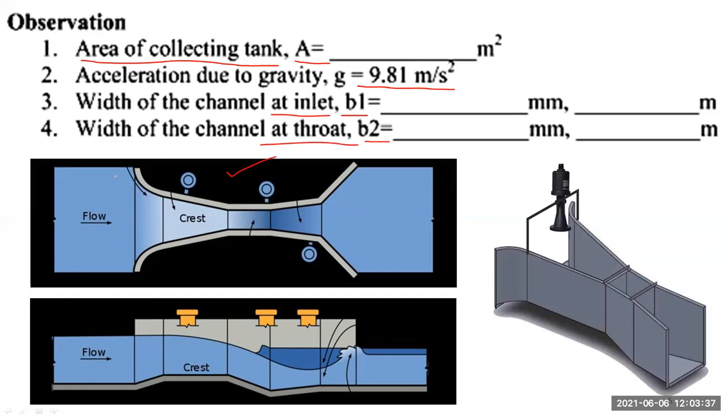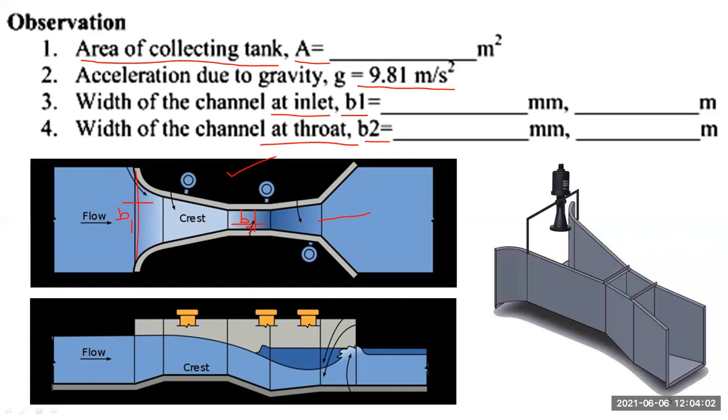You'll have a converging section, a throat section and a diverging section. This is the inlet, where you measure B1, and another one is B2, the width at the throat.